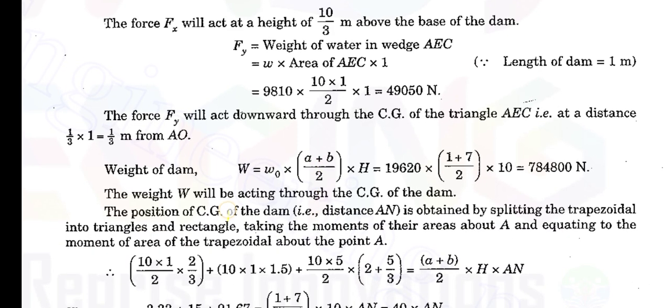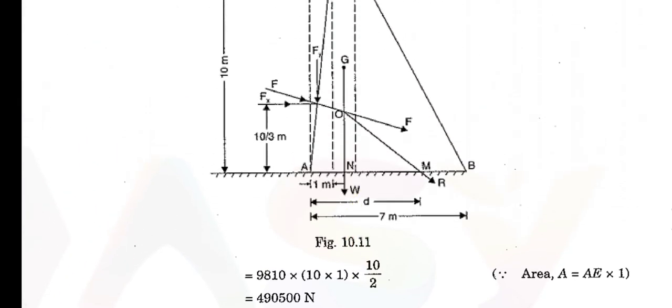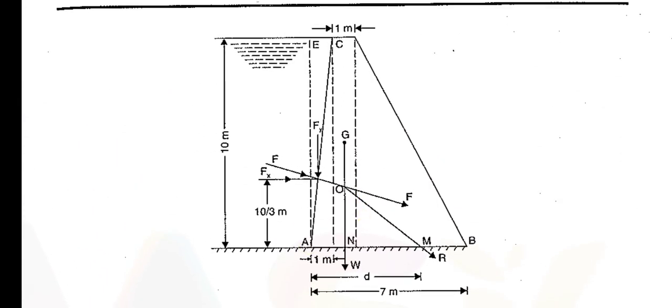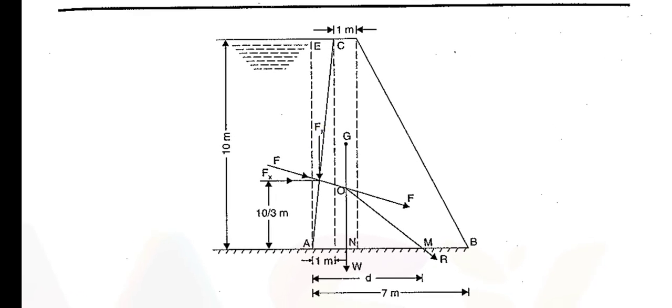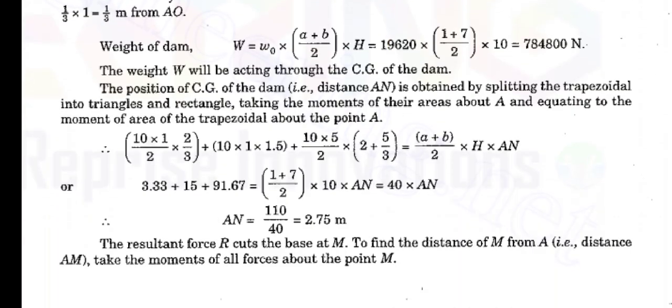Then the force Fy will be calculated, acting downward through the CG of the triangle AEC. You can see that Fy is acting along the CG of the triangle.